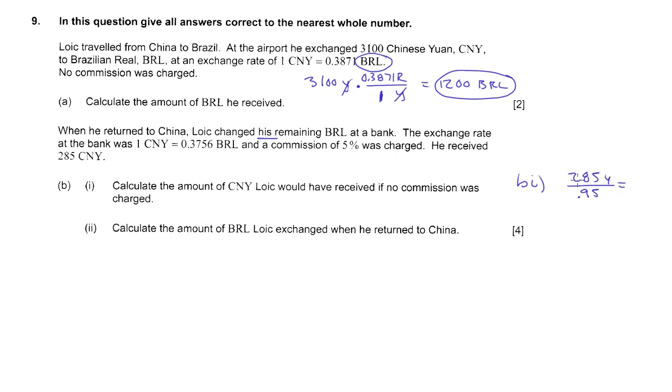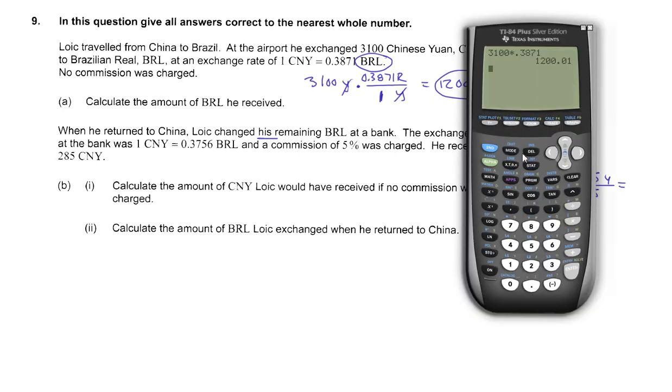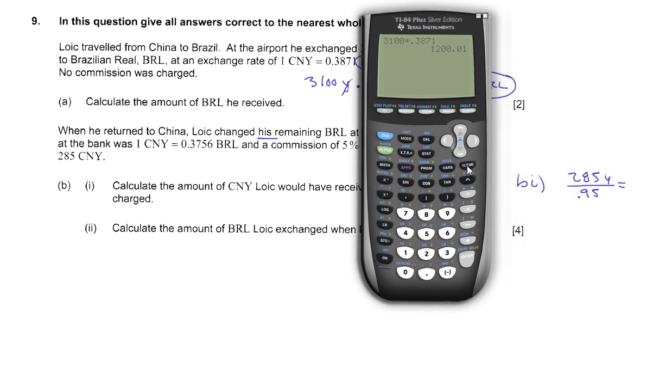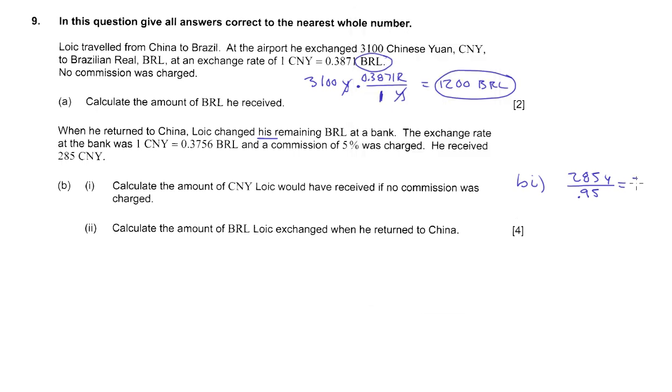So we are going to want to take what he ended up with and divide that by 0.95 to see how much he would have gotten originally. Okay, so we take 285, divide by 0.95, and we get 300. And that's 300 yuan, right? Okay, so that's what we would get for B part 1.